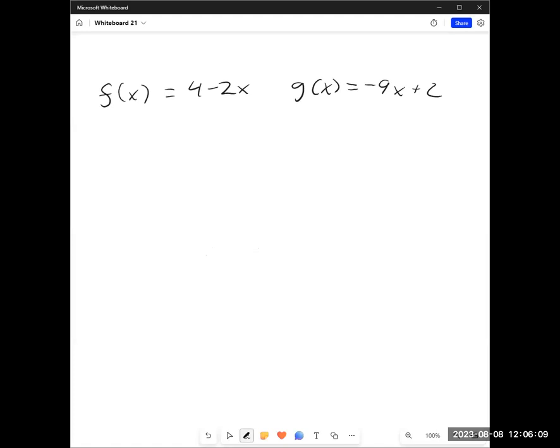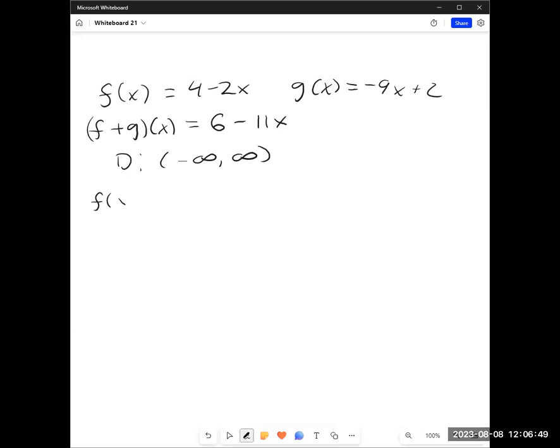And when we add them together, it's going to be equal to 6, because 4 plus 2 is 6, and -2 plus -9 is -11, so 6 minus 11x. Our domain for this function is going to be -∞ to infinity because there were no restrictions in either of the original functions, and there are no restrictions here in the composition of functions.